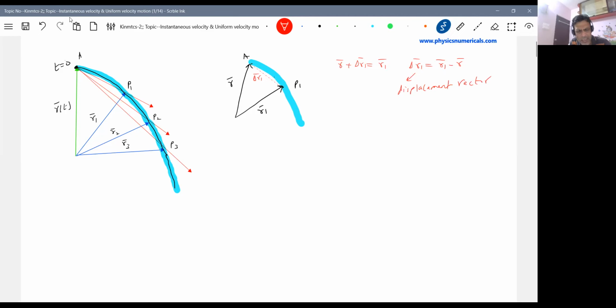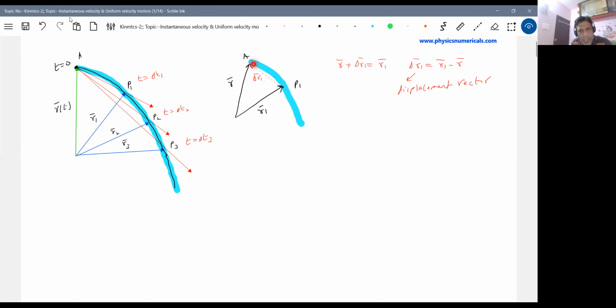Very simple. Say a particle is at A, after some time it will be at point P1. So what is the time? I'll write it as t equal to delta t1. After some time, t equal to delta t2, t equal to delta t3. The time interval I'm going to measure from here. In interval of time delta t1, it will be here. In interval of time delta t2, it will be here. In interval of time delta t3, the particle will be at point P3.